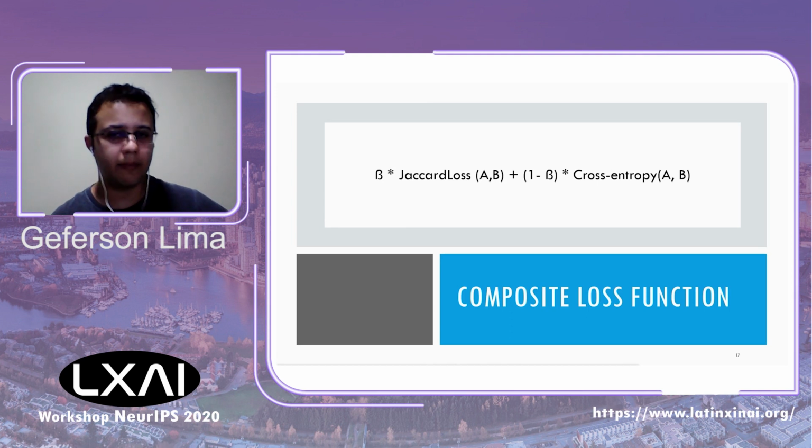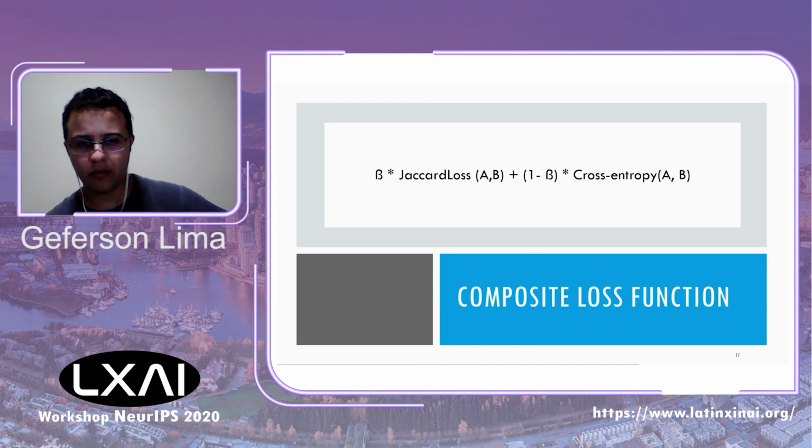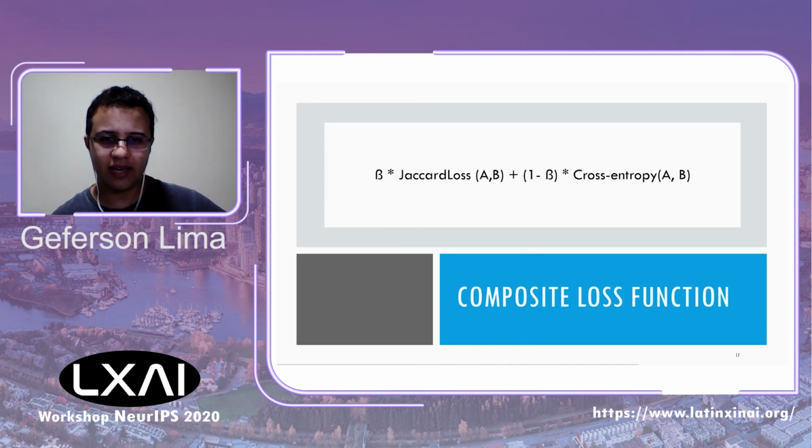Another distinguishing contribution of this work is the use of a composite loss function that better encompasses the needs of seismic phase binary segmentation. Our loss function combines Jaccard loss and cross entropy. The weight we give to Jaccard is defined by means of parameter beta. We performed 5 experiments to determine the best value for beta.